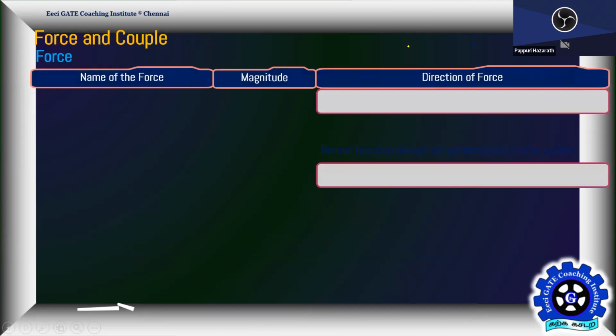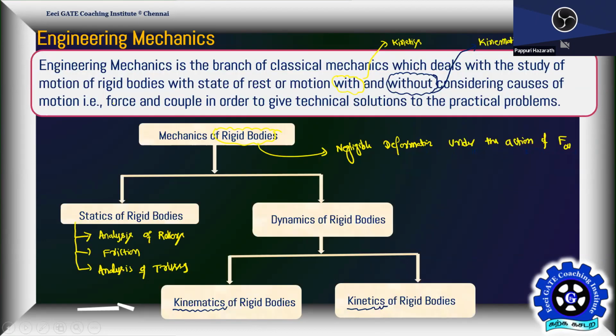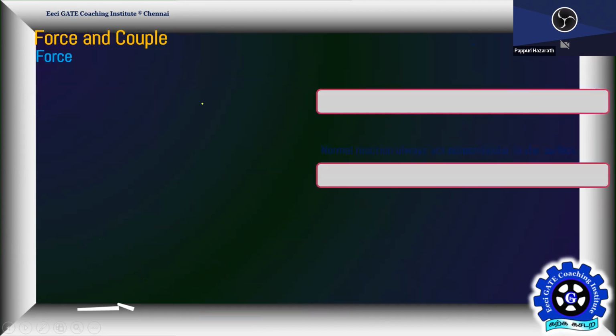Now force. Here, you have seen force and couple now. Now we can discuss about force. What is meant by force? Anyone tell me? Please tell me what is meant by force.